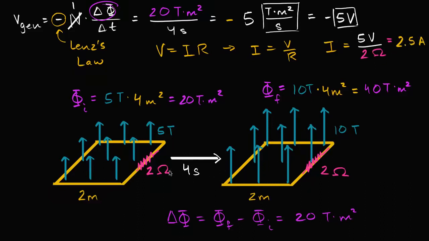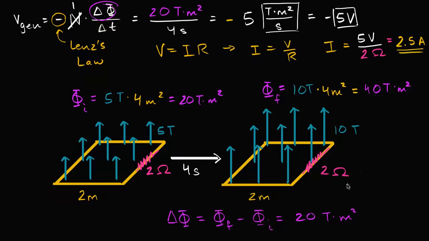So we now know the magnitude of the current that's going to be induced while we have this change in flux. Remember, this is going to happen over the course of these 4 seconds, as we have this average rate of change of flux, which we'll assume is the actual rate of change of flux. We're assuming that it's changing at a constant rate. And so while it is changing, we were just able to figure out that it would induce a current of 2.5 amperes.